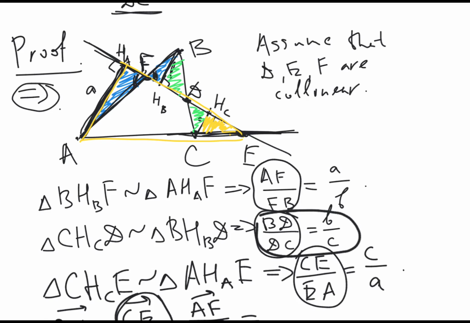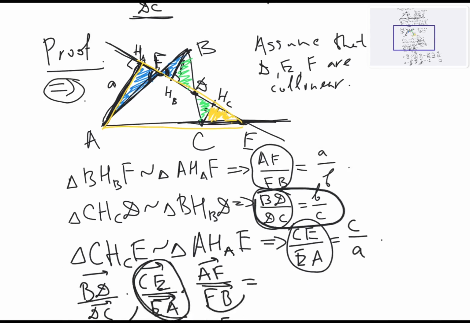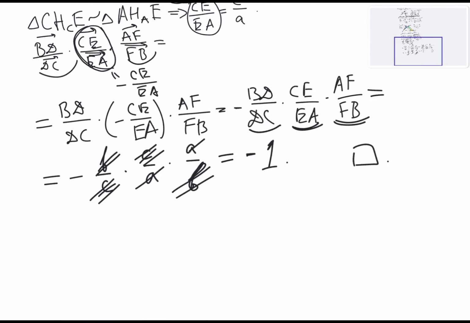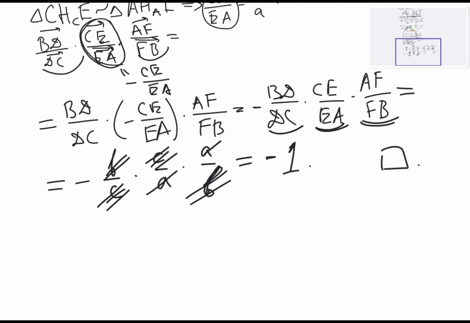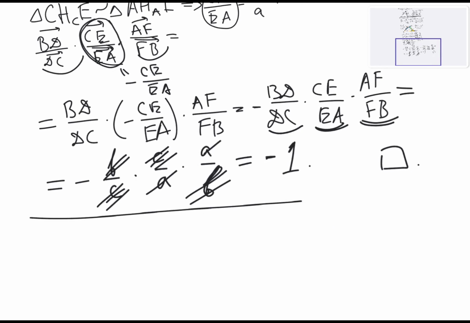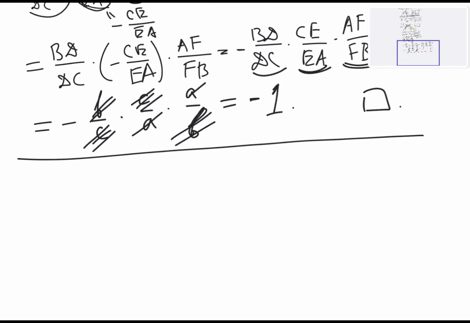So in all cases, we take the perpendiculars from the vertices of the triangle to this line. So now the converse statement.